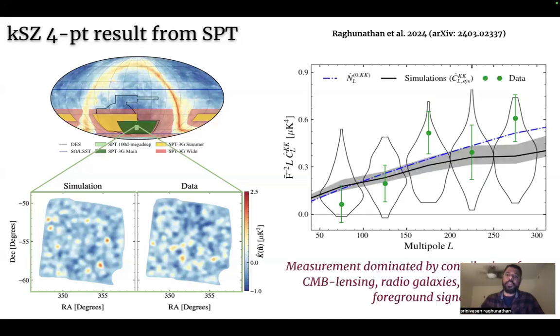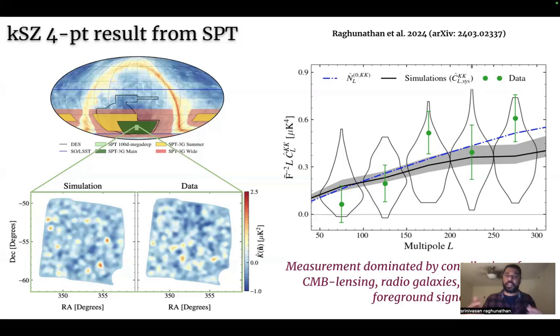Now, in this next one, I'm showing multiple curves. The black curve is the expectation from simulation, the mean of all of those 100 sims. The band is a systematic estimate that we inferred using sims. The blue line is a contamination that we have in our map, basically because of disconnected Gaussian terms in the quadratic estimator.